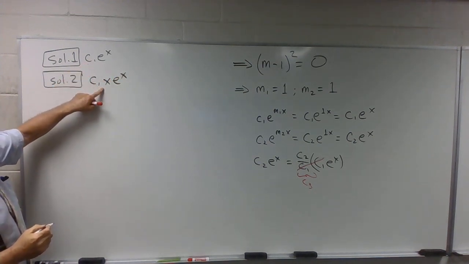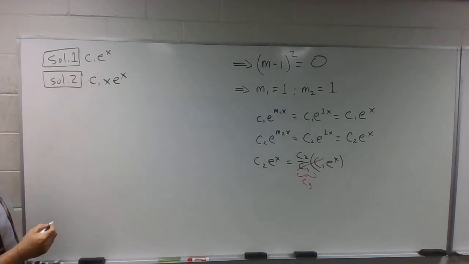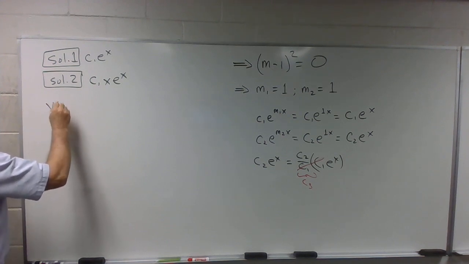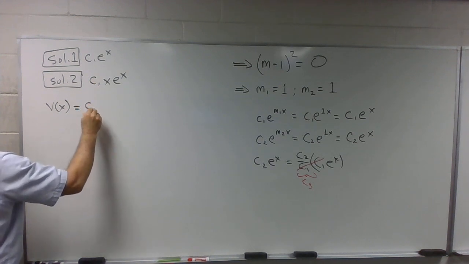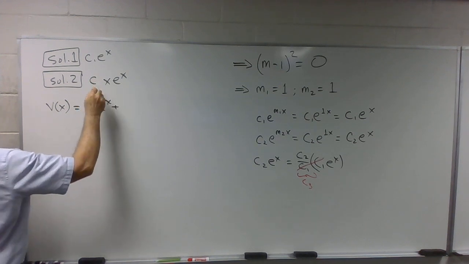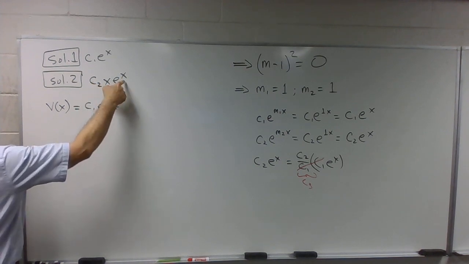These two things are independent. One of these is not a constant multiple of the other. And then our general complementary solution is the sum of these two things. Whoops, let's make that a different constant. c2 x e to the x.